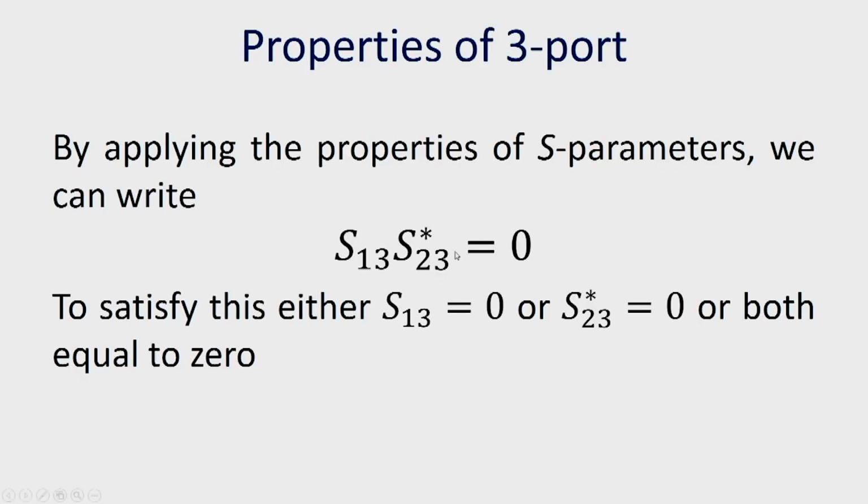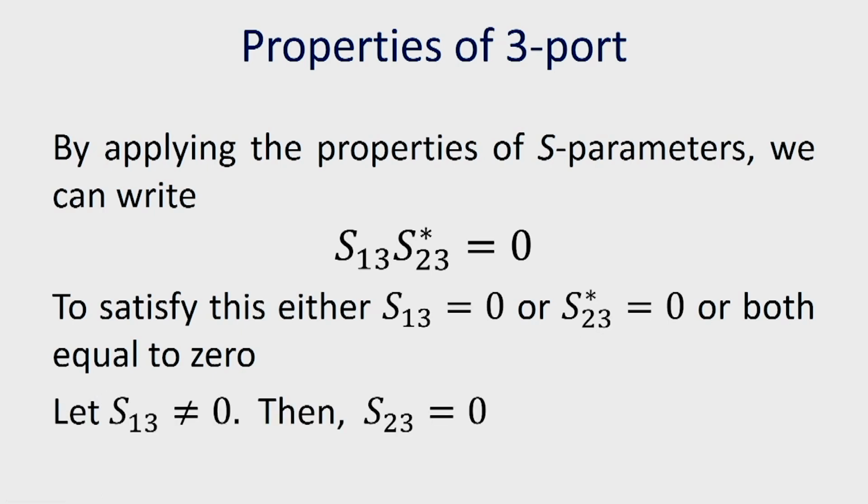Now, to satisfy this, either S13 has to be 0 or S23 conjugate is 0 or both have to be equal to 0. So, let us assume that S13 is not equal to 0, then S23 will be equal to 0.